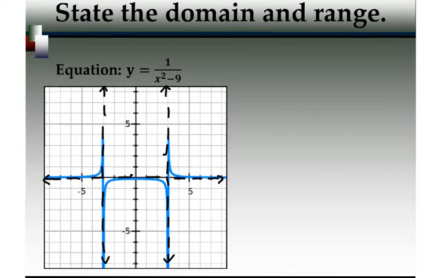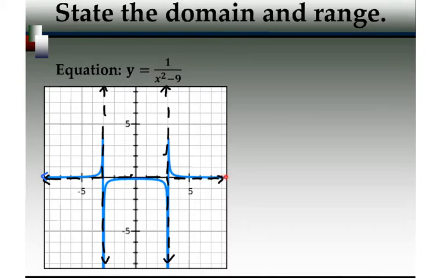Now, the graph of this function, what happens to it, let's start over here this direction. It keeps getting closer and closer to our x-axis, or y equals 0, as it goes further and further negative. But it never reaches y equals 0. It just gets closer and closer to it.